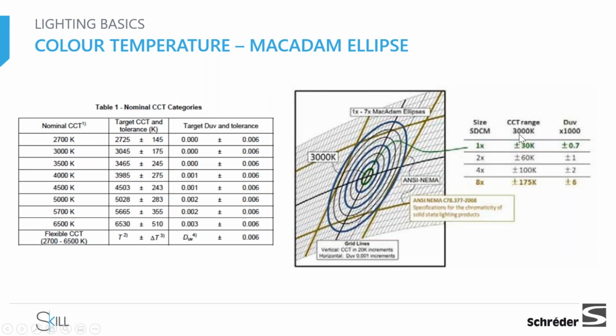If instead of 3000 we put 4000, definitely we'll have maybe 35 or 40, something a little bit more. The same for the 2-step MacAdam ellipse is 60K, the 4-step MacAdam ellipse is 100K, and 7 to 8 MacAdam ellipse is 170K at 3000 Kelvin, which is in line with what we see here.